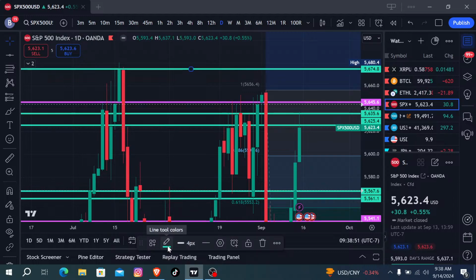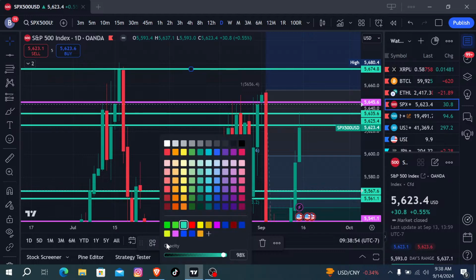Monthly is purple, weekly is blue, and daily is orange.